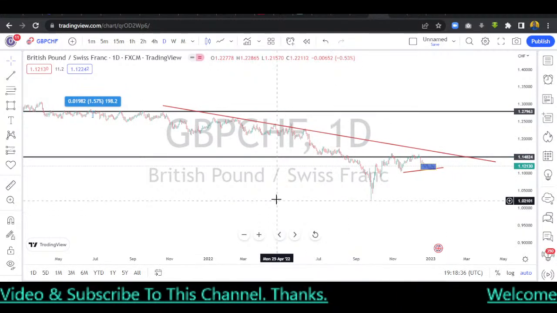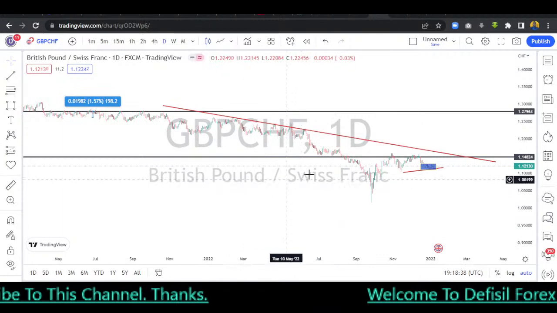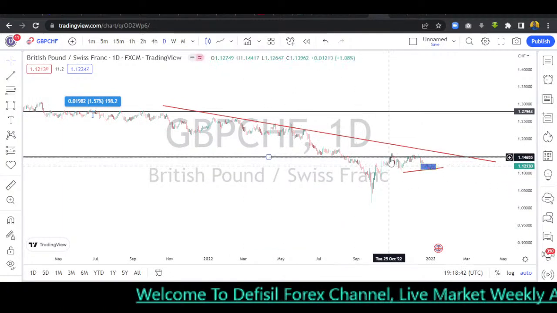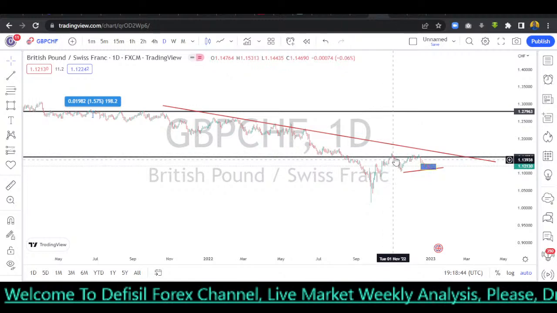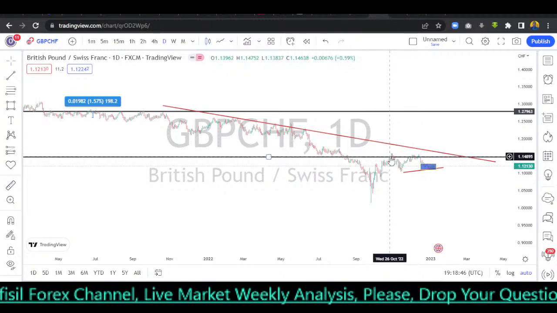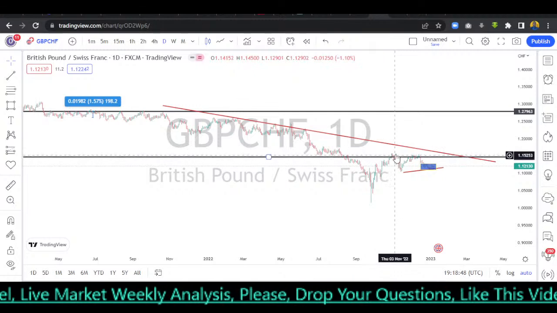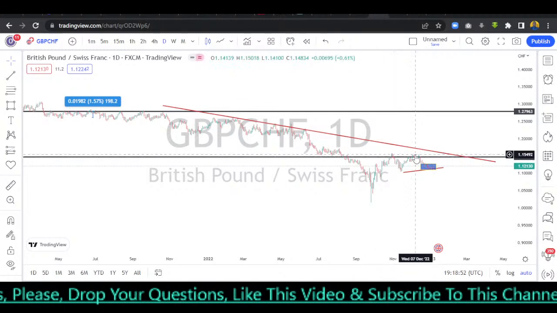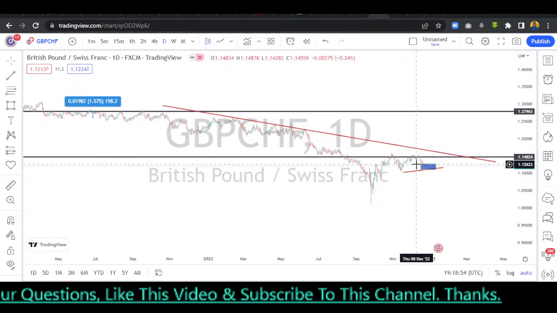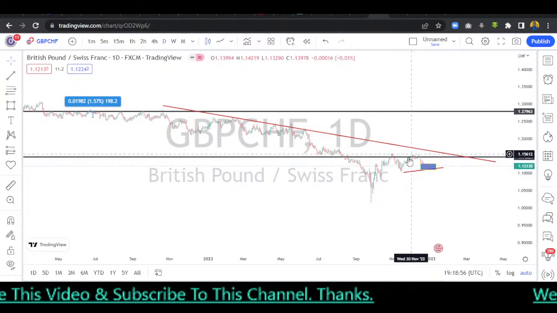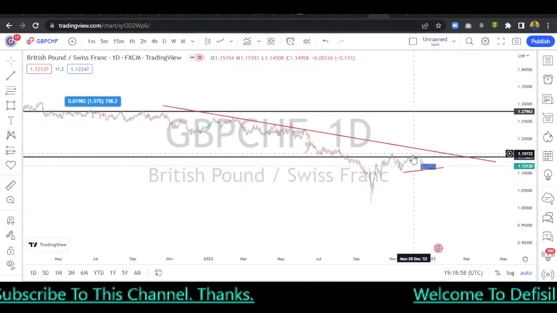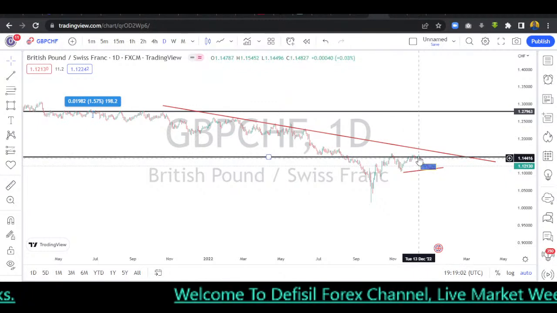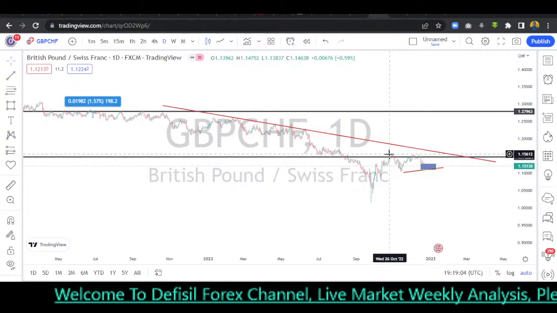Okay, we can see that the market previously attempted to break its major resistance between October and November 2022. Then in December 2022, it tried again to break the major resistance.